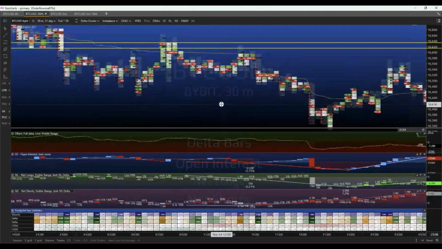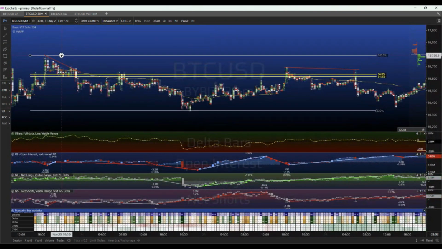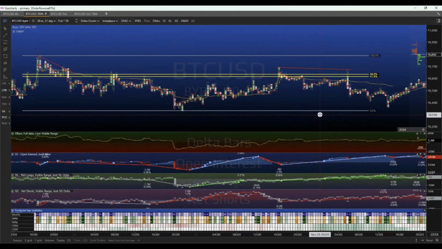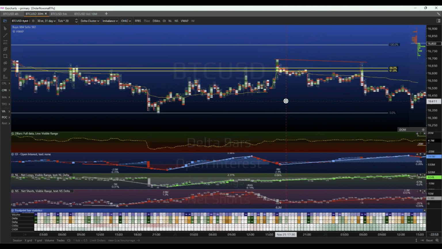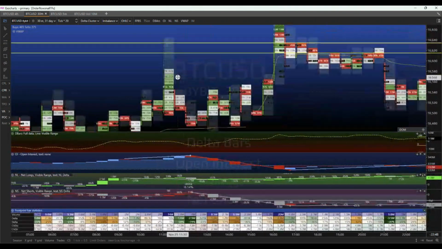Okay, so remember this is a 30-minute time frame. The way I drew this bigger golden zone is as if we were looking at a 1 hour, or a 4 hour, from the high to the low. So what did this high give us right here?